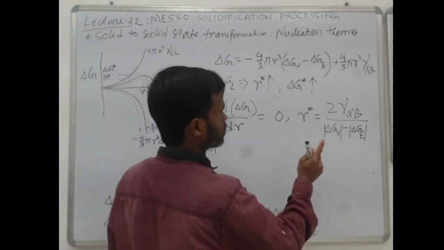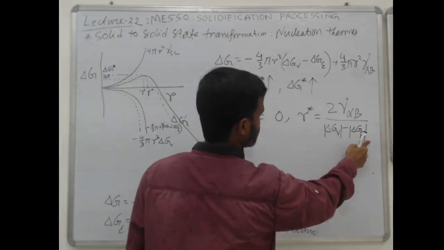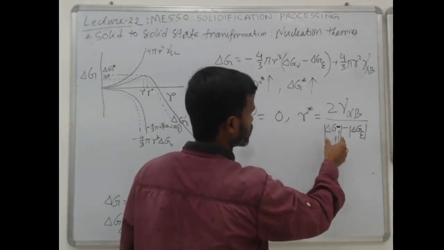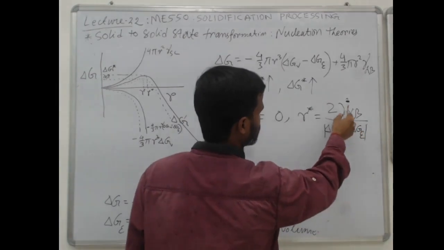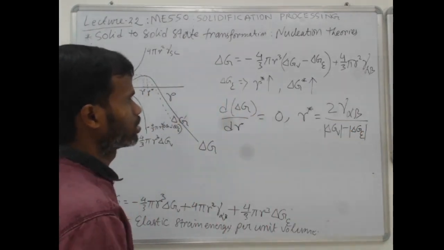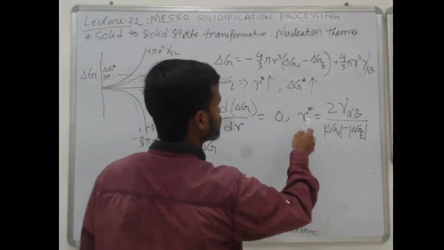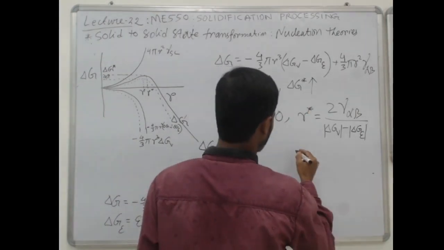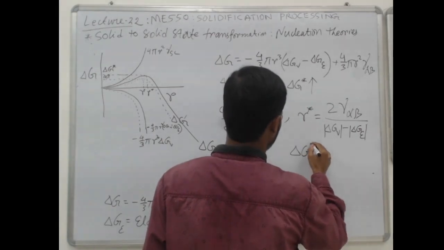You should remember these things. We are not considering the sign, we are just considering the values here. So this will be the critical radius. Similarly, if you put this value in this equation, then you will get delta G star.